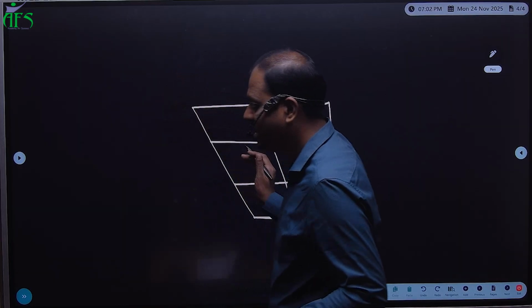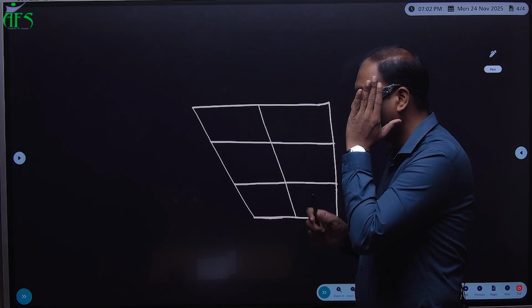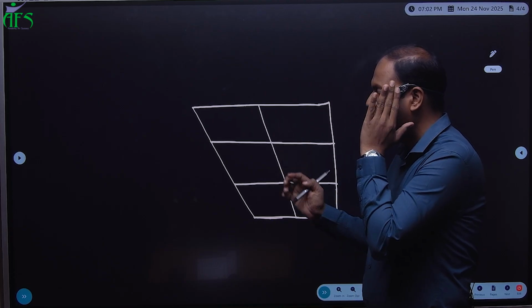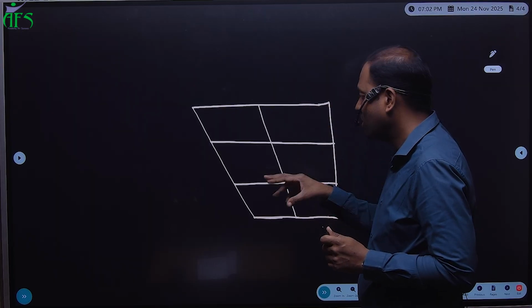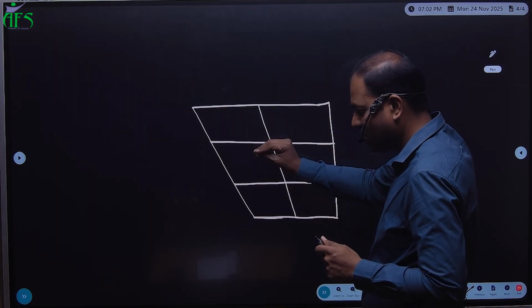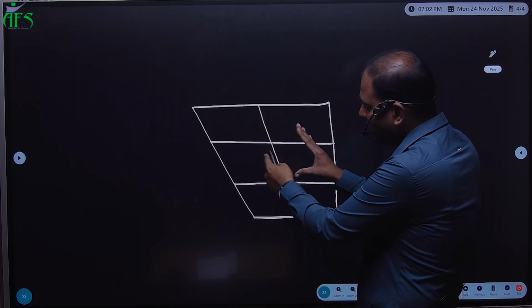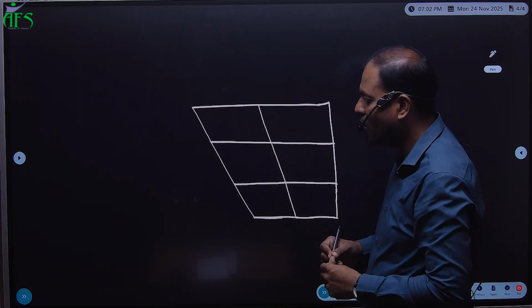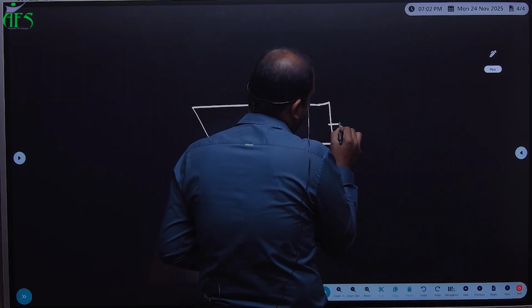So this is the mouth cavity. I'm showing my mouth cavity. Whenever I open the mouth, your tongue's position will be located here. How?